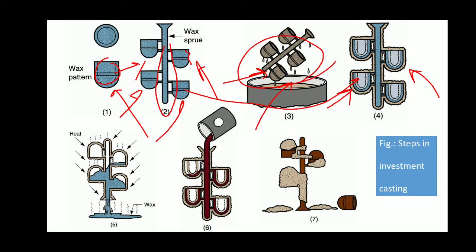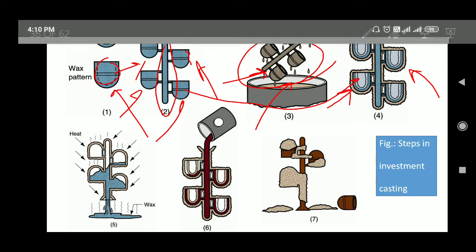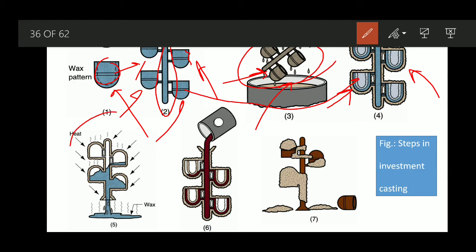Now we are going to invert it, make it upside down, and after that we are going to heat it. Now this brown layer is made of refractory material, so it can withstand that heat.